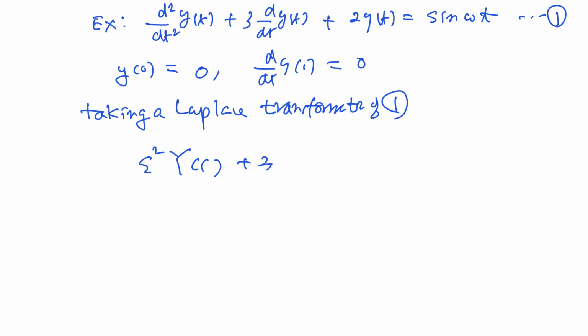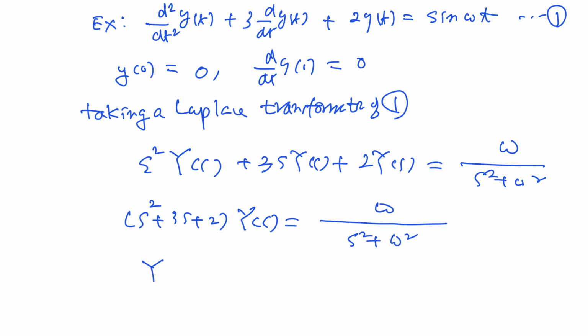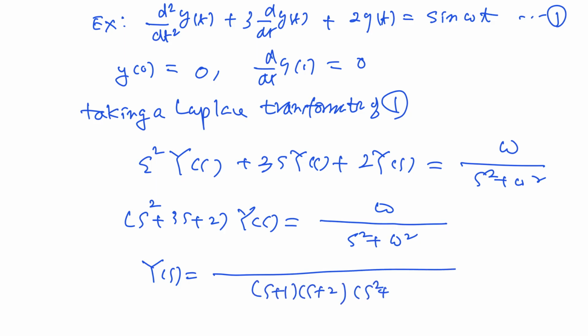Plus 3s Y(s) plus 2Y(s) is omega over s squared plus omega squared, right? So (s squared plus 3s plus 2) Y(s). It's not a very easy problem, though. Omega over s squared plus omega squared. So Y(s) is omega over (s plus 1)(s plus 2)(s squared plus omega squared), right?